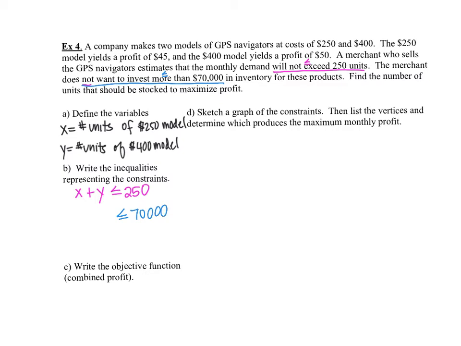But this is money, so let me go back and see the money for each one. For Model X, how much does that cost? Oh, it's 250 because it's the $250 model. So 250X plus the $400 model costs 400Y.